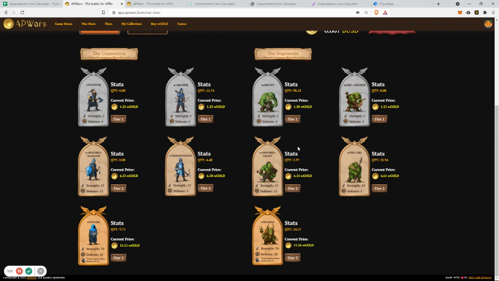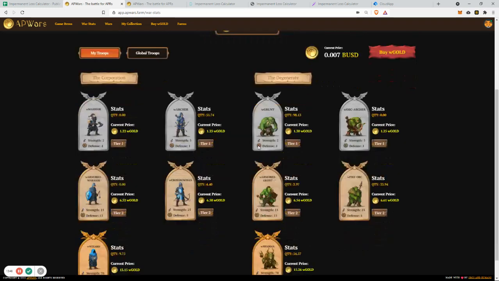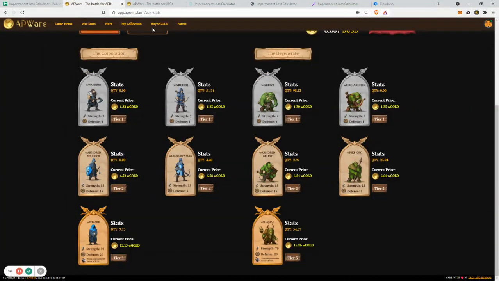Of course, when a lot of people are buying warriors to stake them at the war contract, or after the war, if people are selling war gold that they have won, or even warriors. They want to sell some warriors to gain more war gold to stake in some of the pools. So these prices are likely to change during those times, but other than that, they're highly unlikely to change.